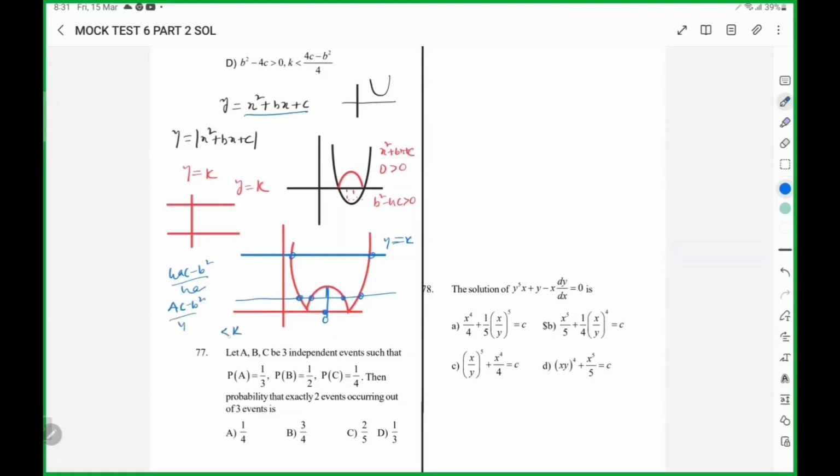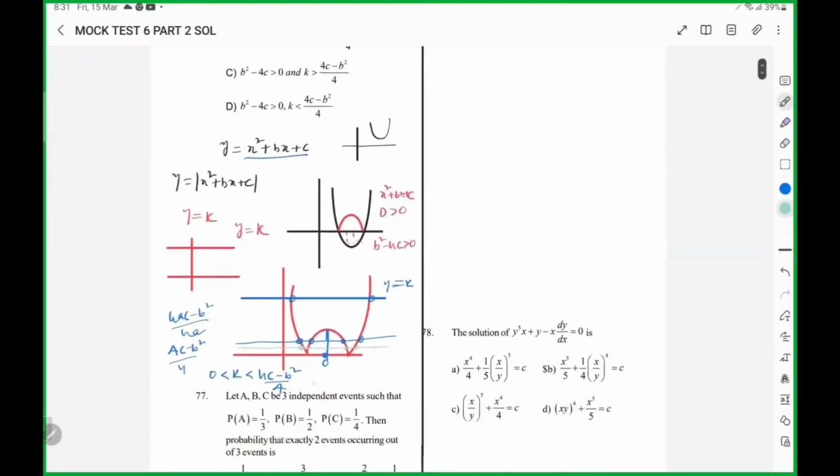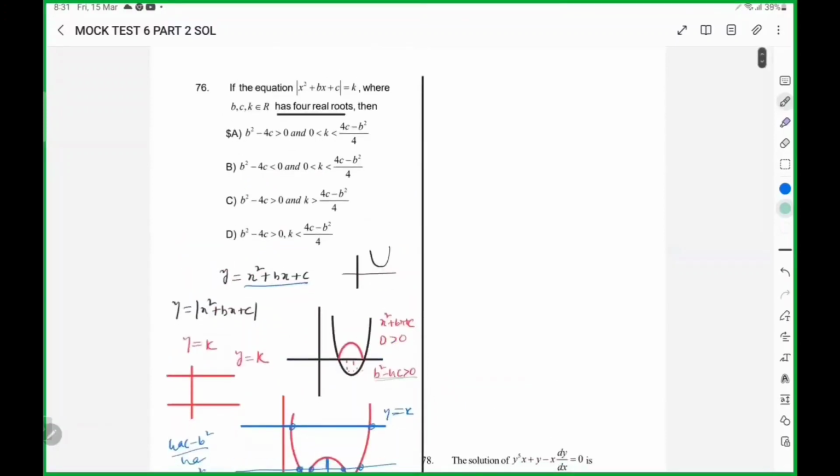If k lies between 0 and 4c minus b square by 4, anywhere you draw the line, you have 4 points of intersection. So b square minus 4c greater than 0 is also important. Then we have 4 points of intersection, and each intersection point is a real root.